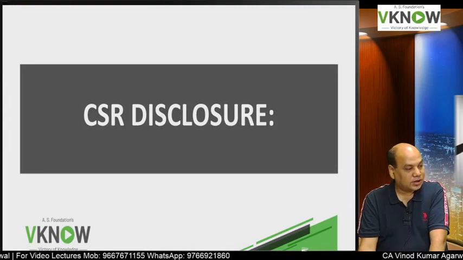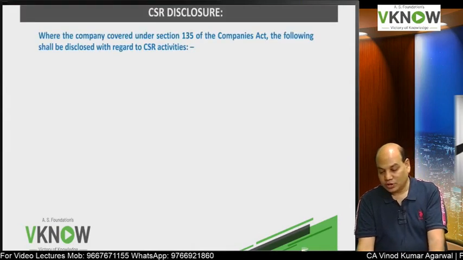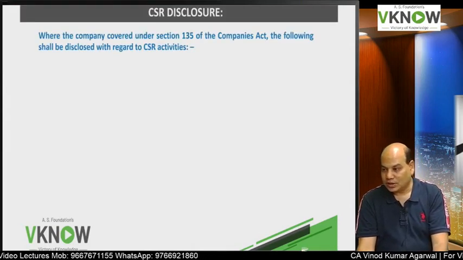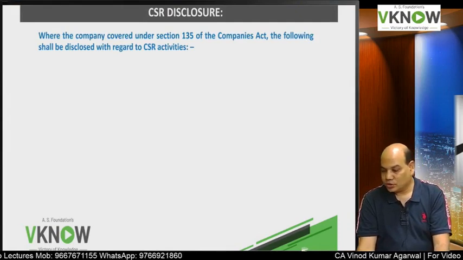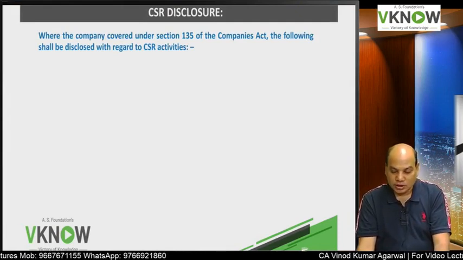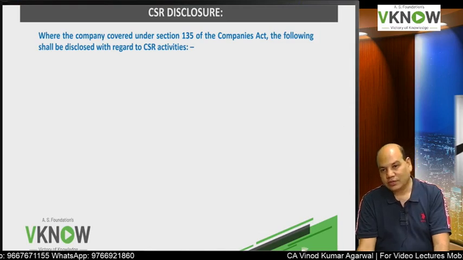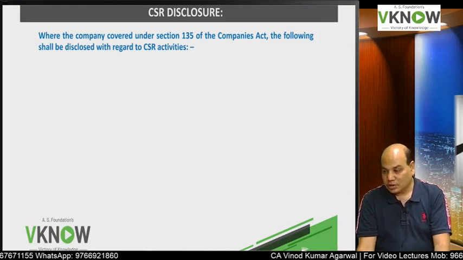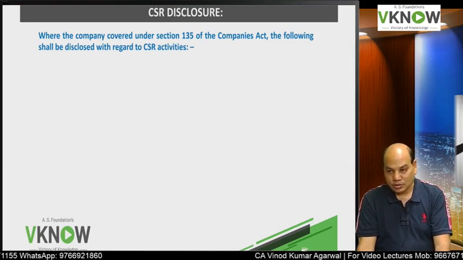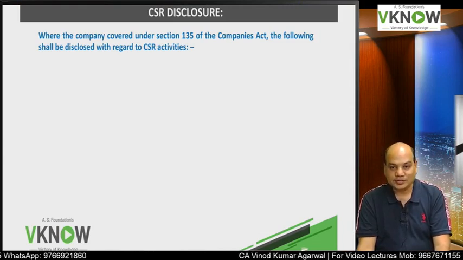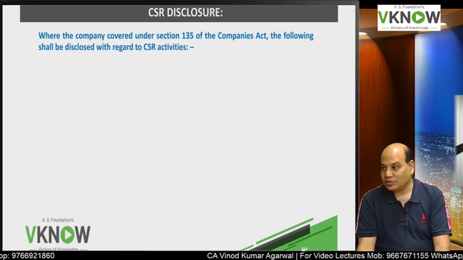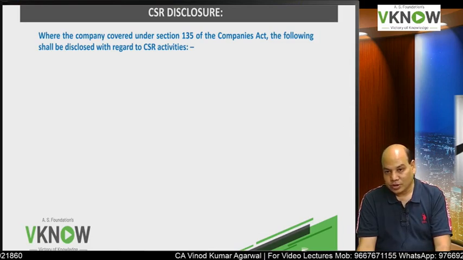Then we will discuss CSR disclosure. What is the full form of CSR? Corporate Social Responsibility. Which section of the Companies Act deals with that? Section 135. Now companies have to mandatorily spend some percentage, 2% of their average net profit, on CSR activities.